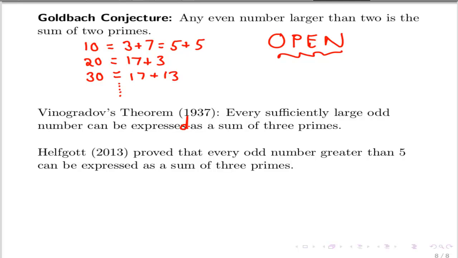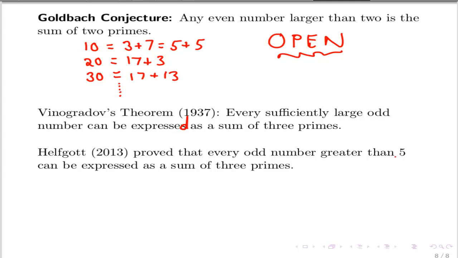And just a couple of years ago, Helfgott proved, in fact, that every odd number greater than 5 can be expressed as a sum of 3 primes. So he brought it down. With Vinogradov, you had to have all values bigger than some great big number, and Helfgott was able to bring it down to get all numbers as a sum of 3 primes.